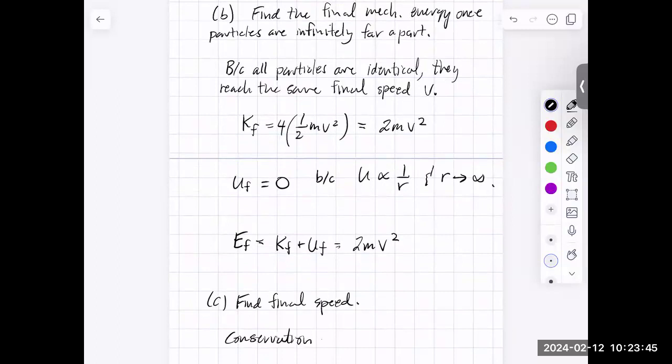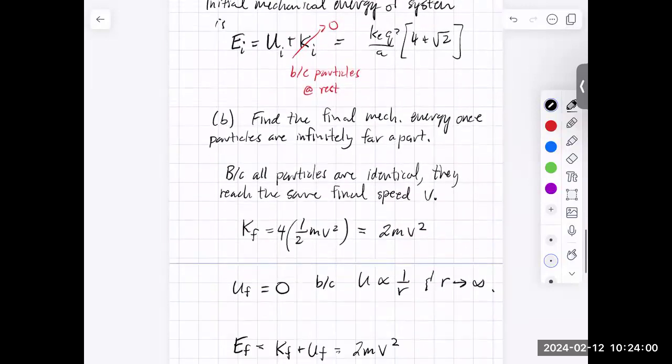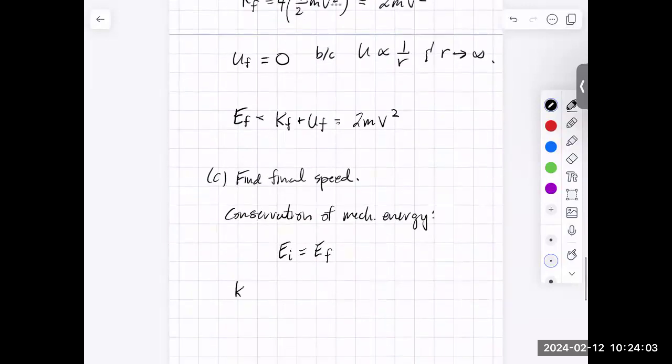Conservation of mechanical energy is going to require that E initial is equal to E final. Okay, so E initial was this kQ squared divided by A, and I think it's 4 plus root 2, right?